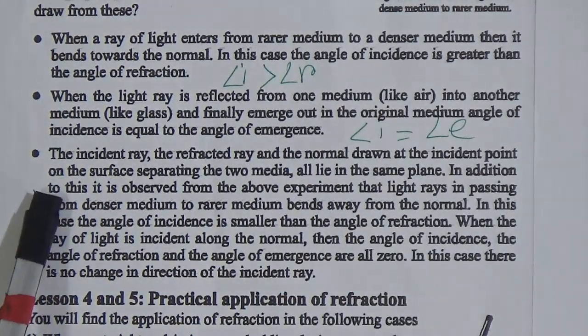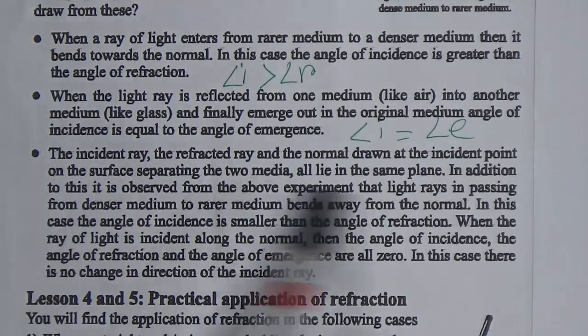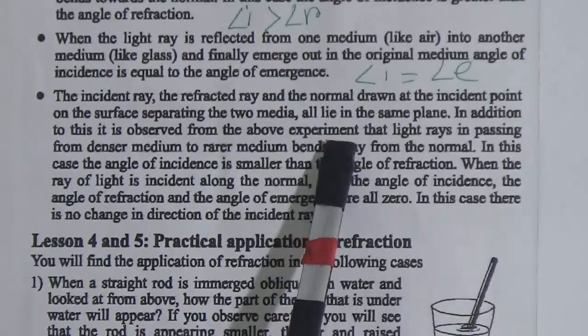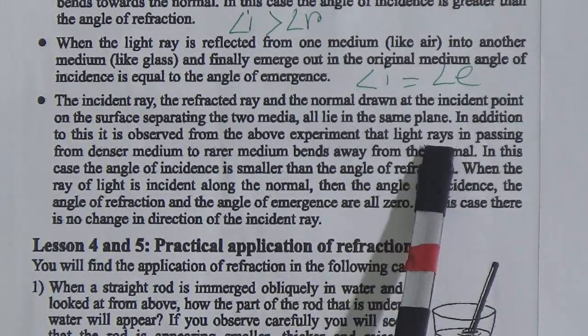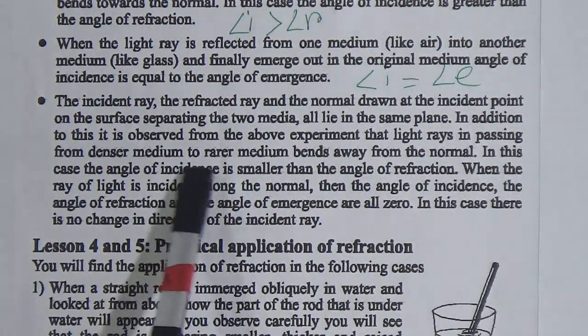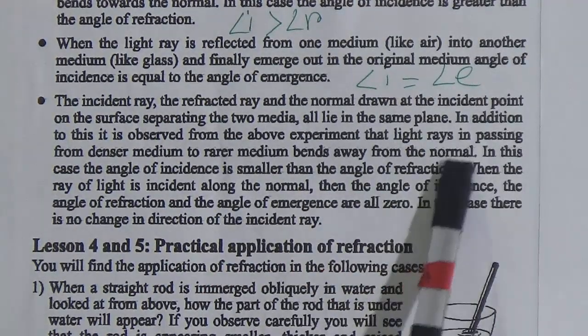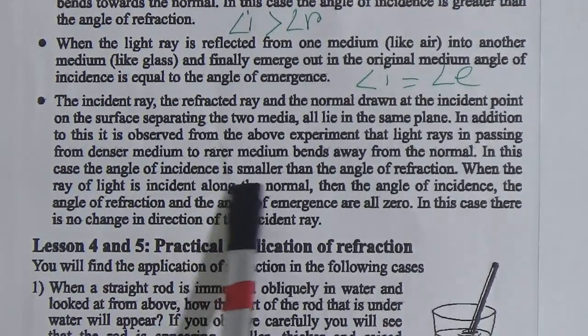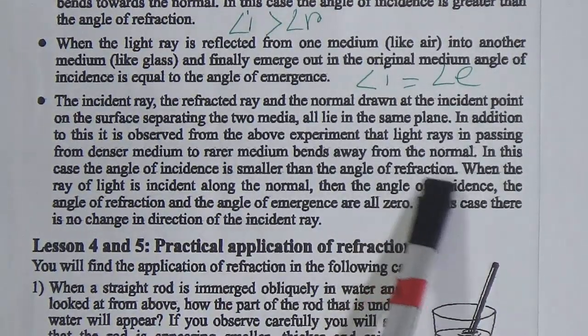This is the condition of refraction, and in addition it is observed from the above experiment that when a light ray passes from a denser medium to a rarer medium, it bends away from the normal, and in this case the angle of incidence is smaller than the angle of refraction.